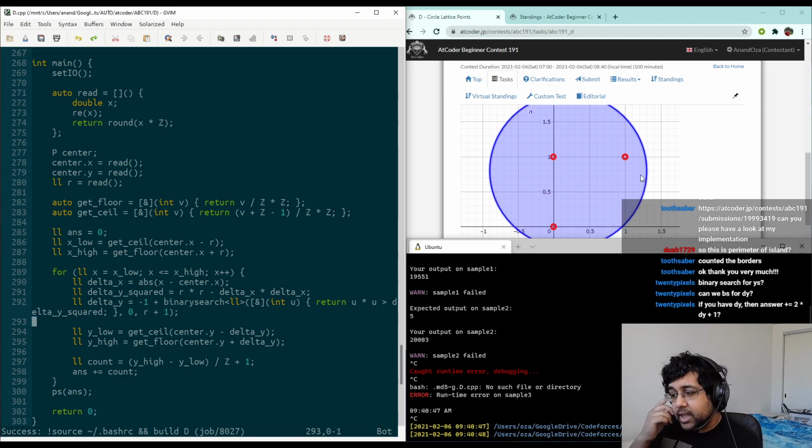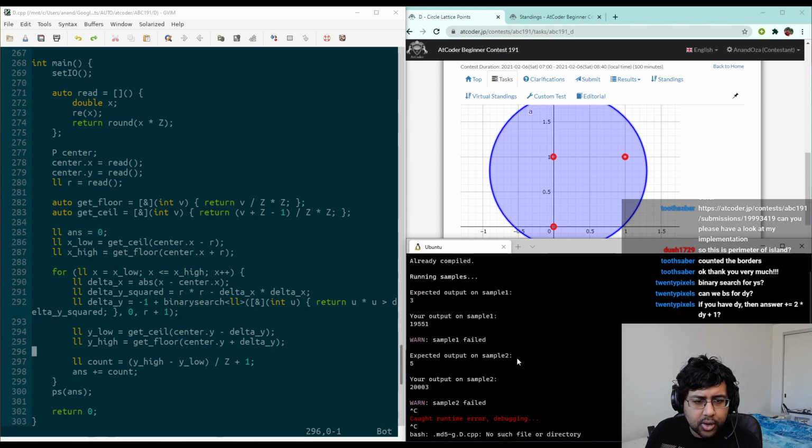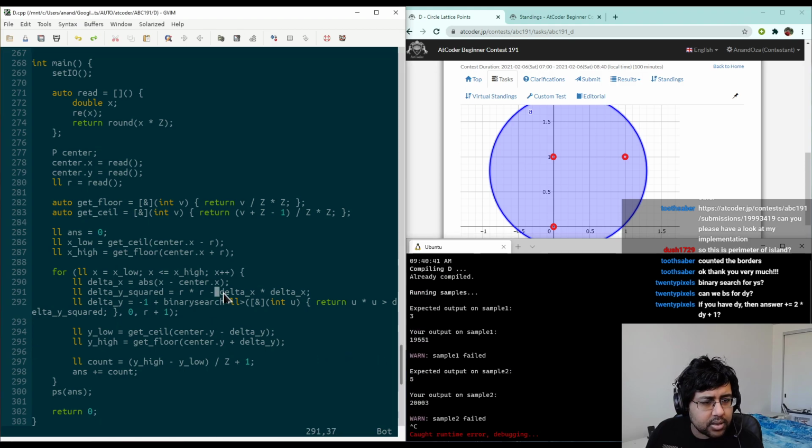And there also is no point exactly at the center, because, as we said, our center.y here is kind of scaled. Okay, so something's very off here. Let's see what it is.